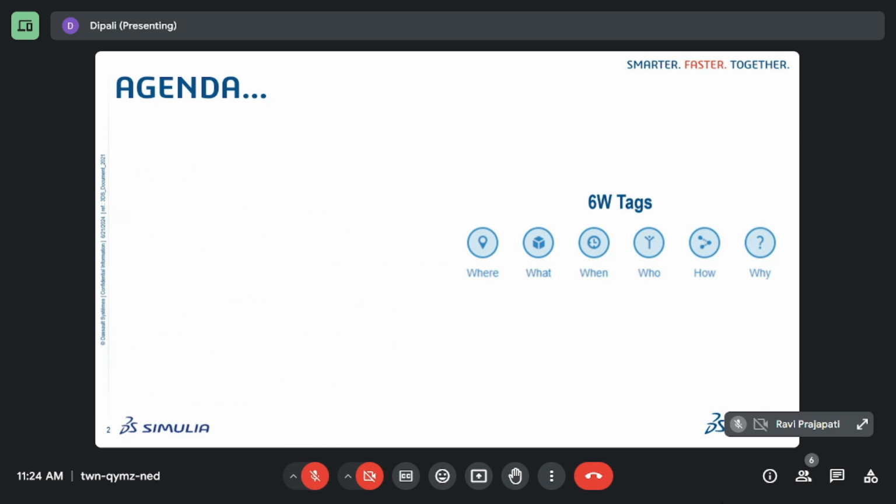So I am going to take one approach, that is 6W Tech, that we extensively use in our 3D experience platform, by which we can explore the various data that is stored in cloud computing. Okay, so we start with the need of MODSIM. Then what is MODSIM?